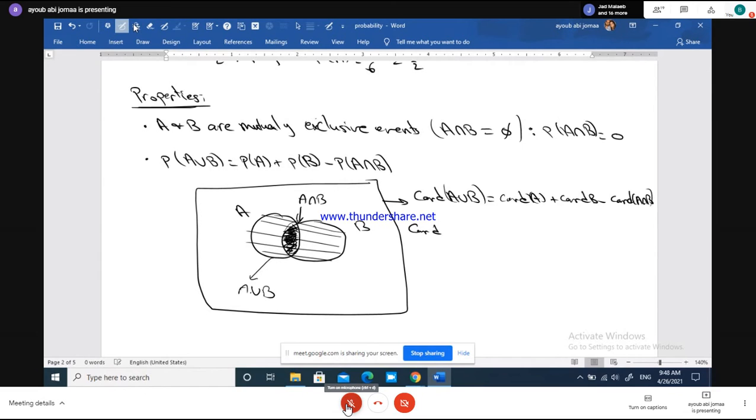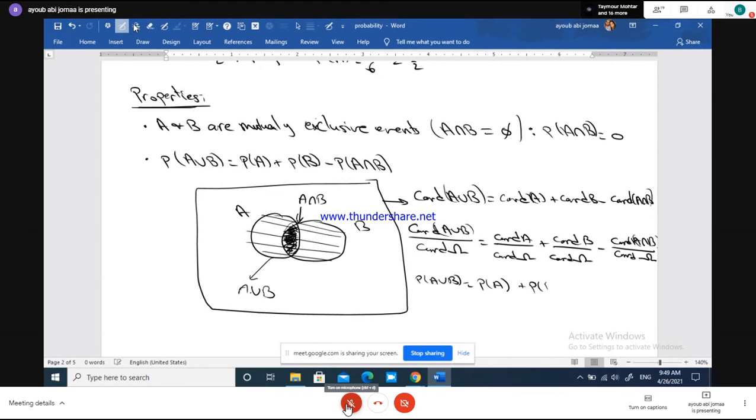So you have the cardinal of A union B over the cardinal of the sample space, equal to the cardinal of A over the cardinal of the sample space plus the cardinal of B divided by the cardinal of the sample space minus the cardinal of A intersection B over the cardinal of the sample space. So this became the probability of A union B: the cardinal of A over the cardinal of the sample space is the probability of A, this is the probability of B, and this is minus the probability of A intersection B.